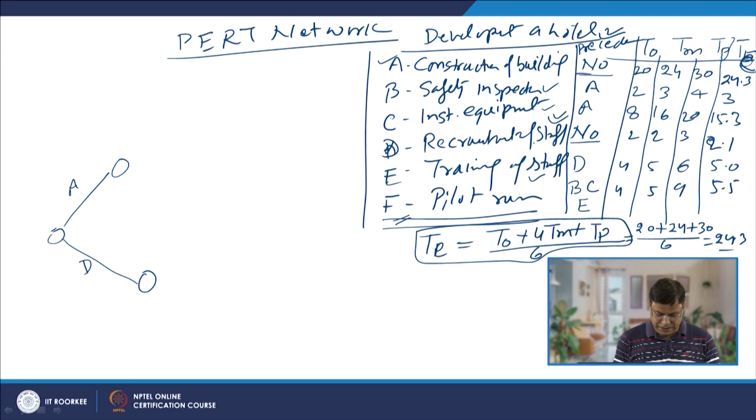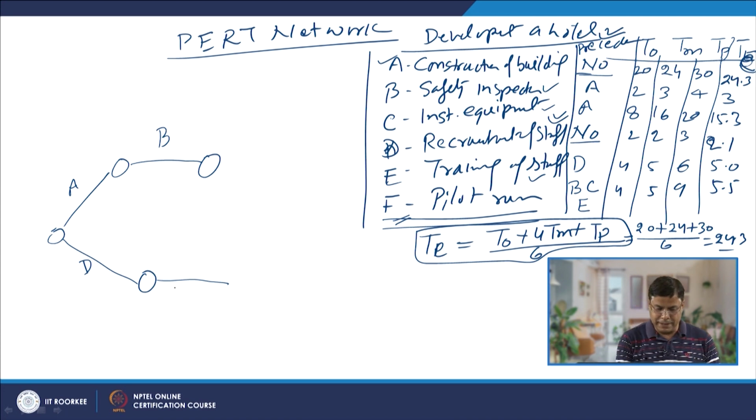Once this has been done, thereafter we have another activity. The next activity is after the construction of the building. Once activity A is done, then we can get the equipment. Thereafter, once the hiring is over, then we can do the training of the manpower.